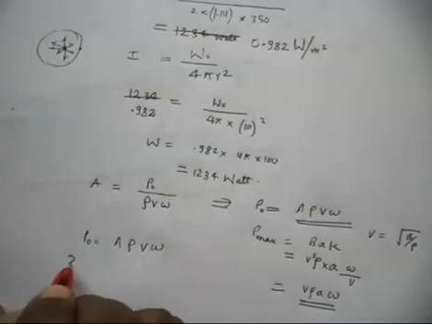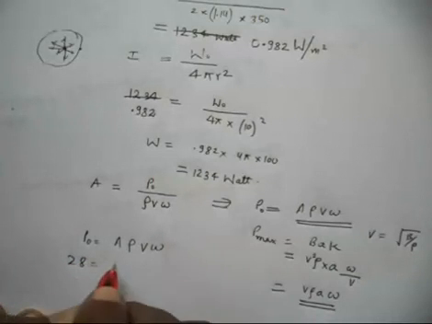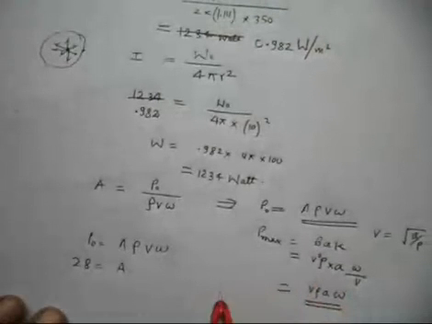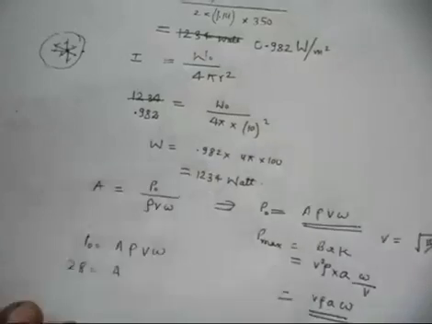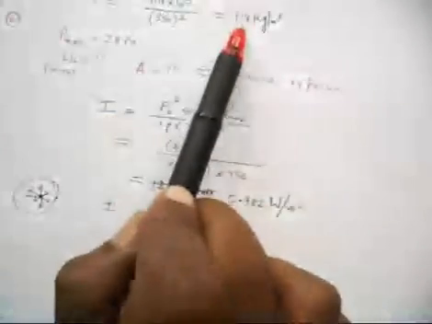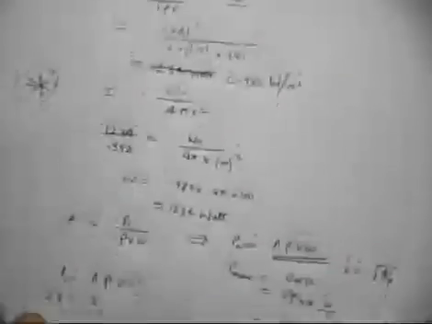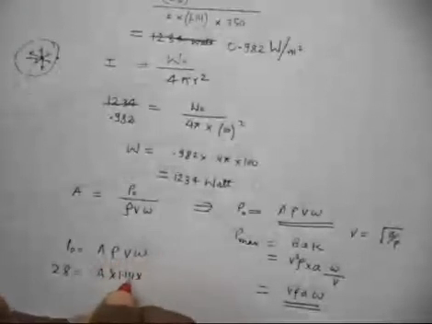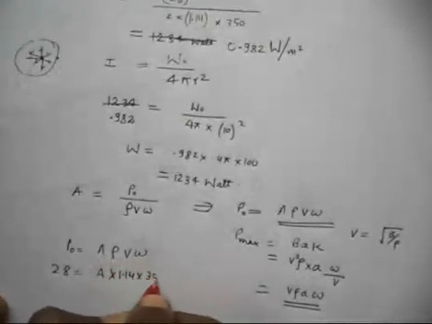P naught is 28, and A we have to find out, and rho we know. Rho is from the first part, we have already said 1.14 kg per meter cube. So if I plug in this value 1.14, and the velocity I have already calculated, this is 350.